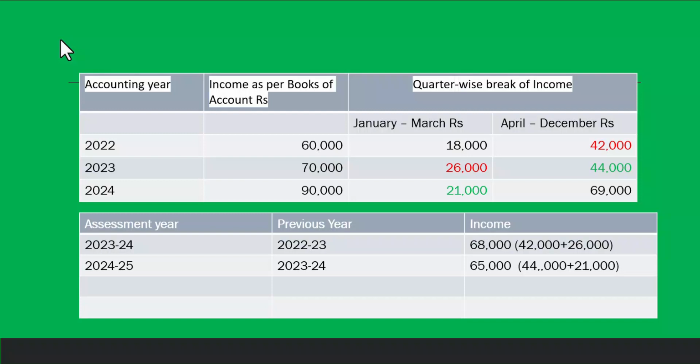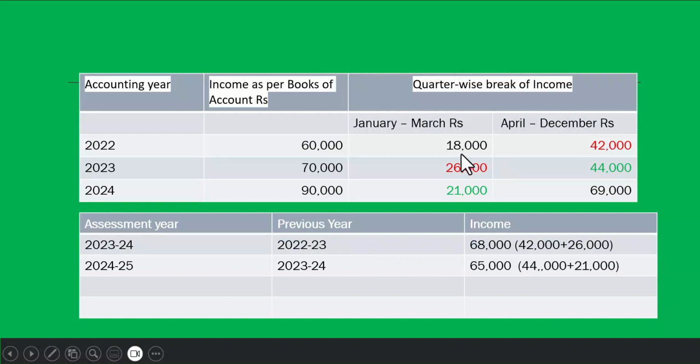Previous year is 22-23. Income will be 68,000, which is basically the 42,000 of the previous year, April to December, and January to March. So this will become a full previous year of 22-23. Okay. So this is from 1st April 2022 to 31st of March 2023.